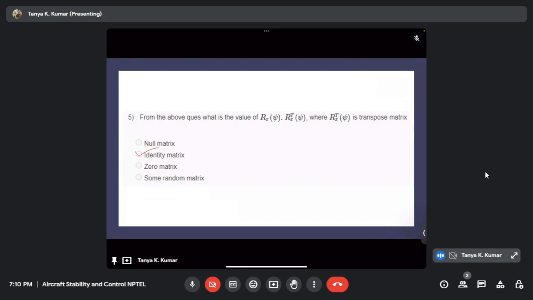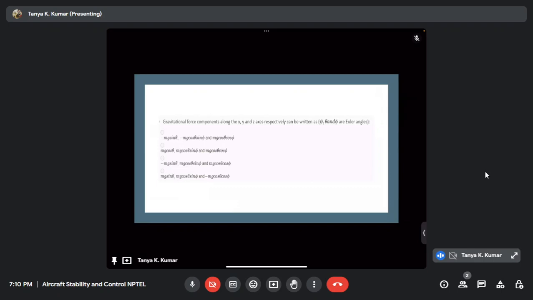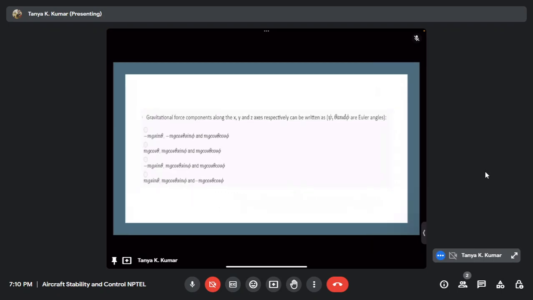These are some additional questions. The gravitational force components along the x, y, z axis can be written in terms of the Euler angles. Now you can see the question. This is a direct question, you know the values. Just tell me which one is the right option. Refer to your notes.